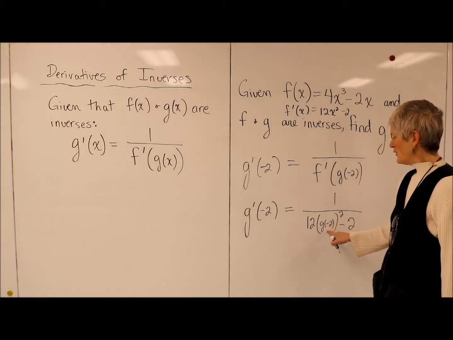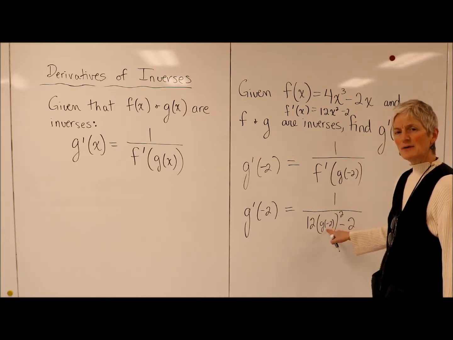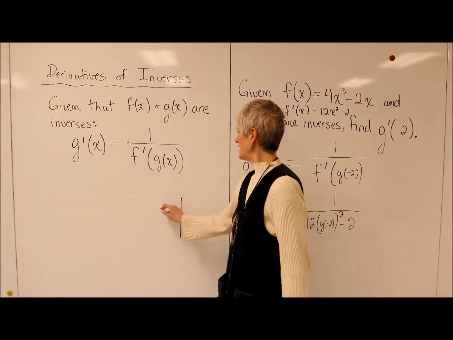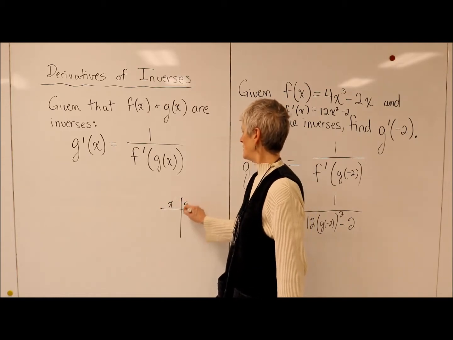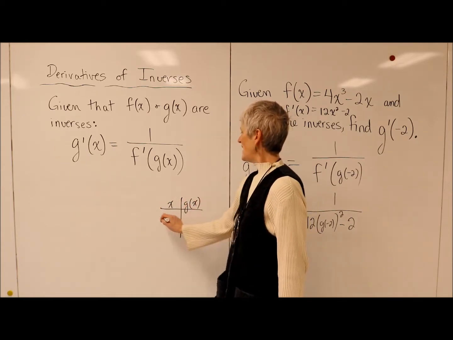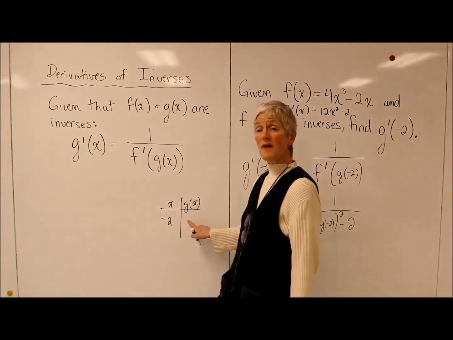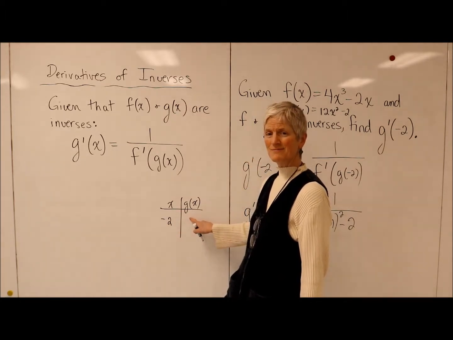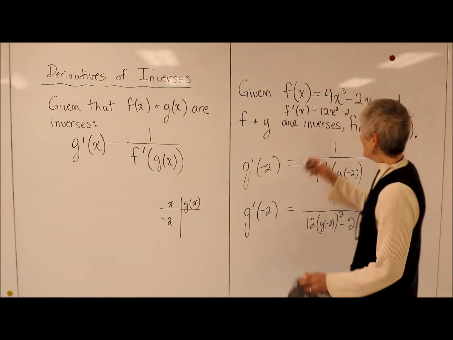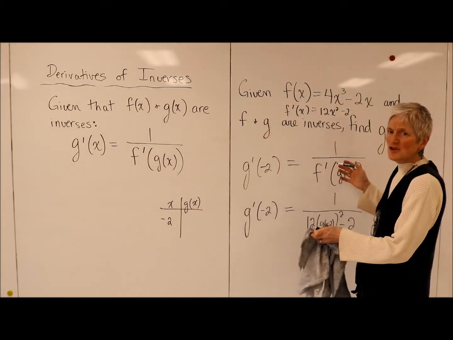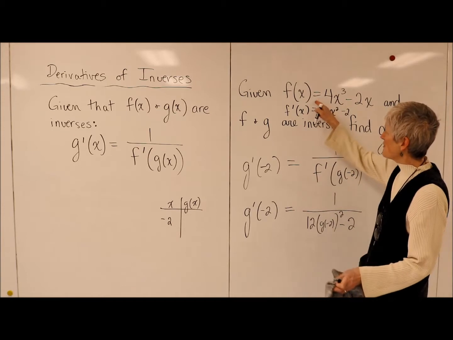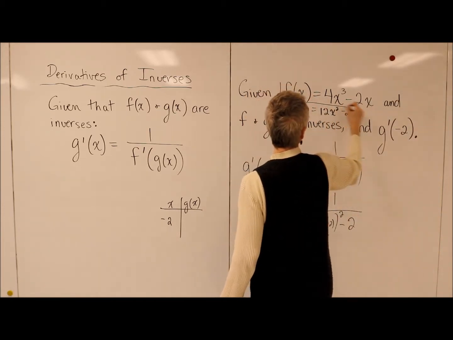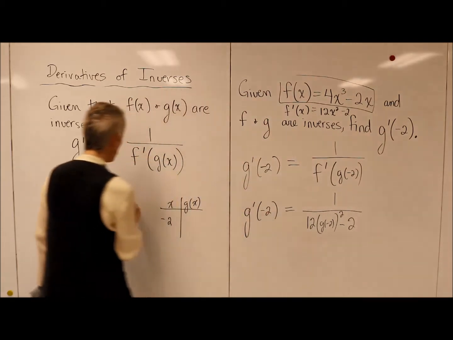g of negative 2 is basically the y value of g when x is negative 2. I'm going to make a little chart over here. So when x is negative 2, I want to find what the y value is, what g of negative 2 is. But I don't have the function g to work with. I just have the function f. Well, let's take my f of x here, and let's think about that.